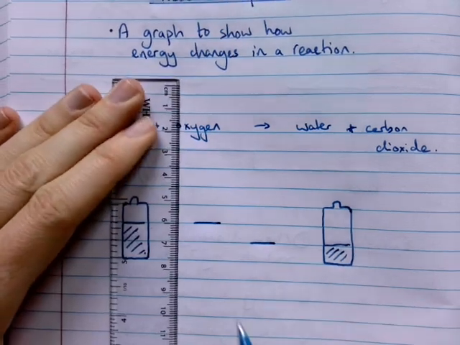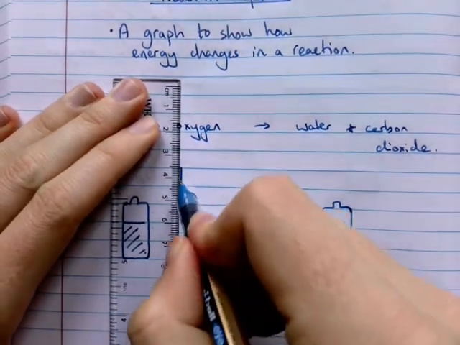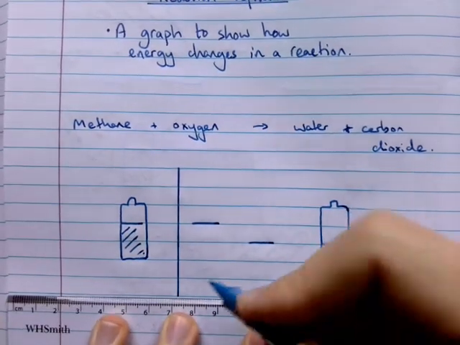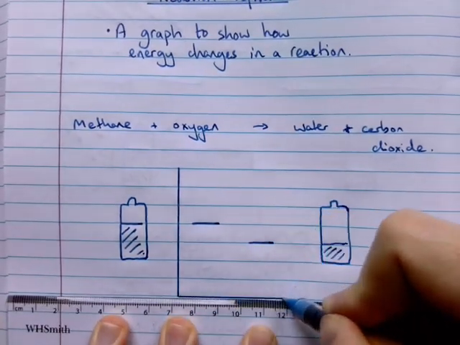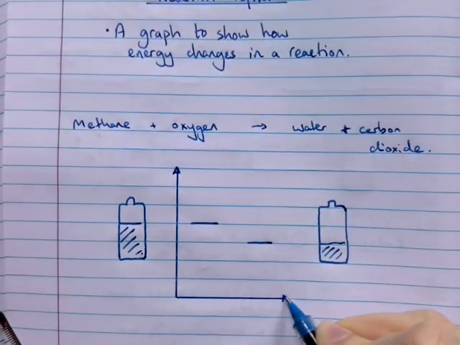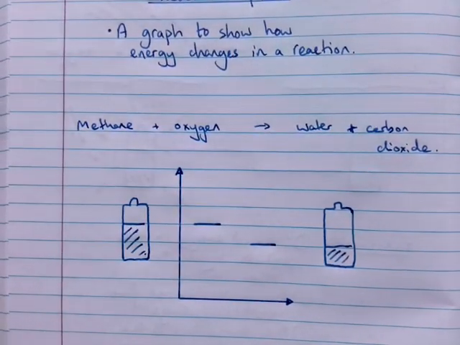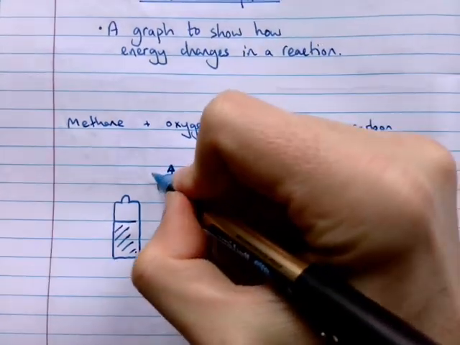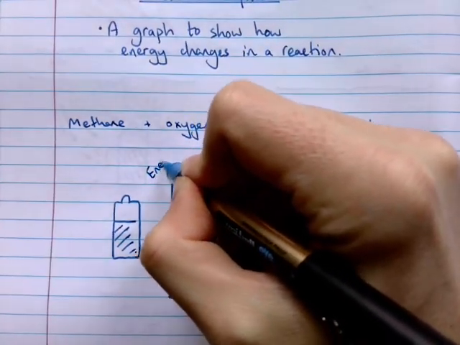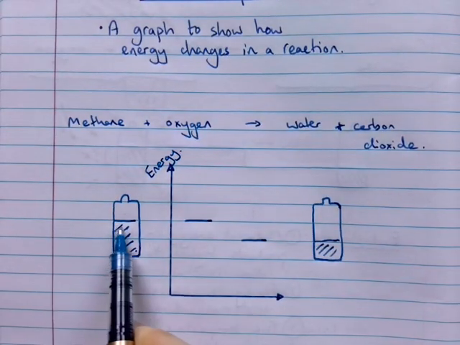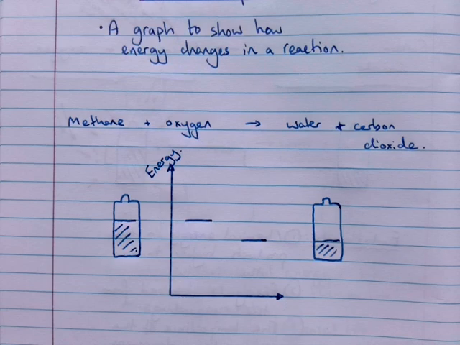If I draw in axes like this, then I can say that on this axis I am measuring the amount of energy, because remember I said that the reactants had more energy, the products had less energy.